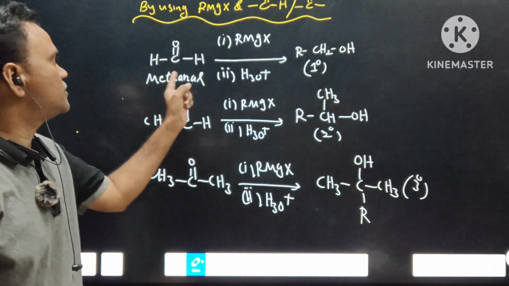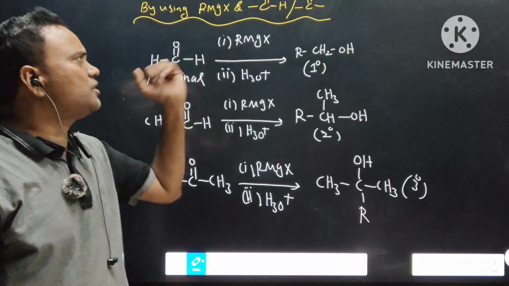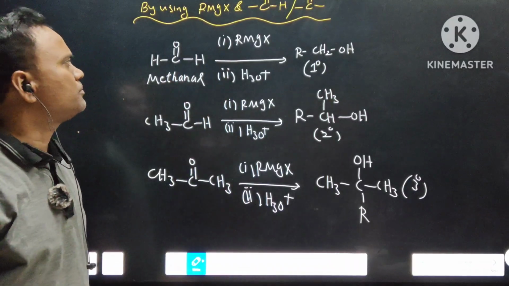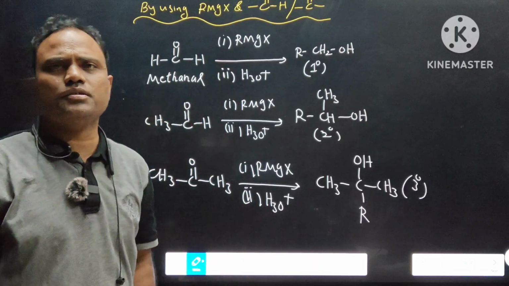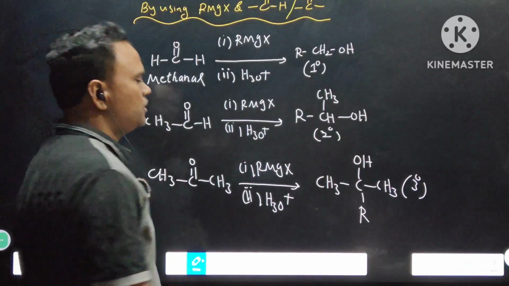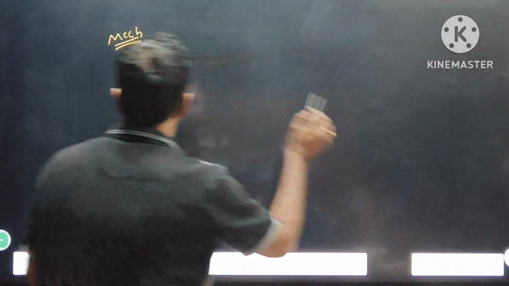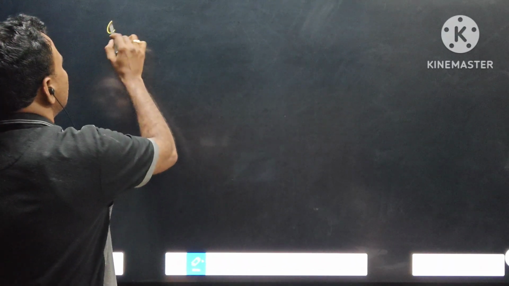for the first reaction, for this reaction. Or I'll do one thing. In place of RMgX, I'll take one example: methyl magnesium chloride. What is R here? R is a methyl group, ethyl group, any alkyl group. Instead of writing the direct general mechanism, I'll take one example.